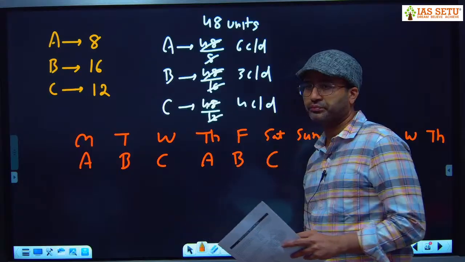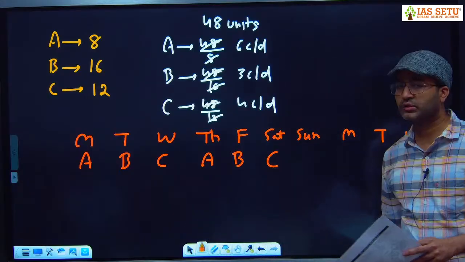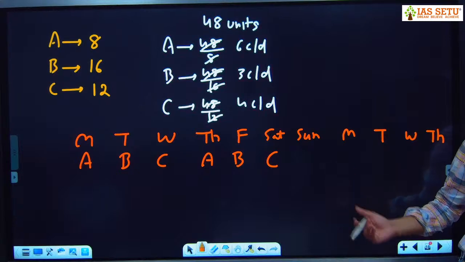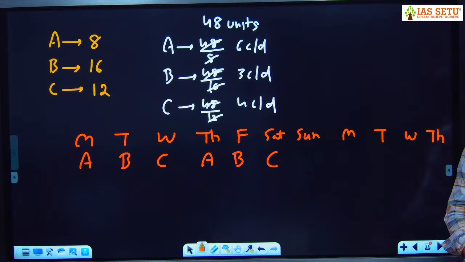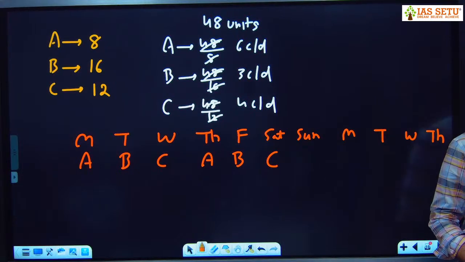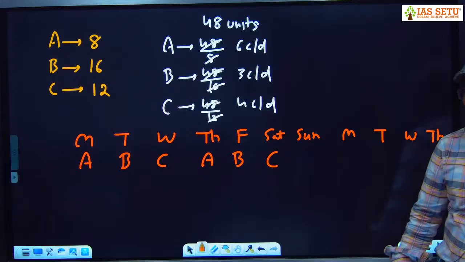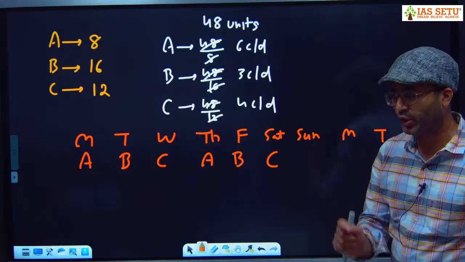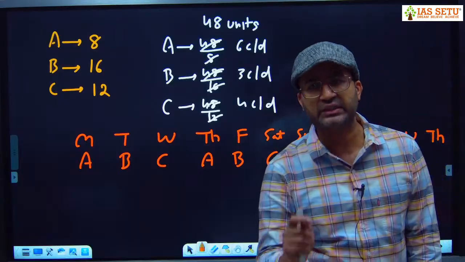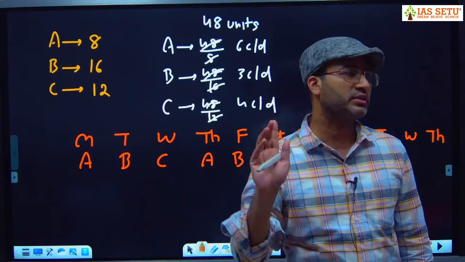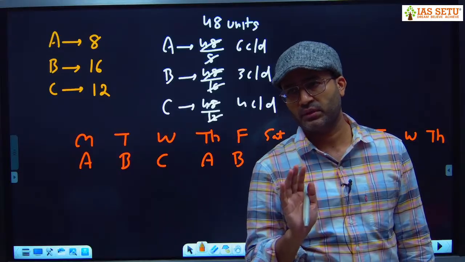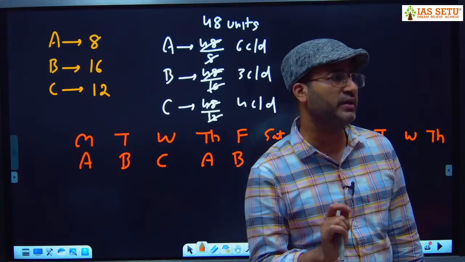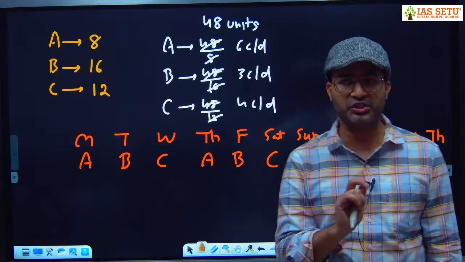When I discussed this question in the class, there was a confusion whether we have to take Sunday working or Sunday holiday. UPSC वालों को कोई छुट्टी नहीं होती है, including 2nd October. Until unless in question it is clearly mentioned Sunday is holiday, you have to take Sunday is a working day. क्वेश्चन में अगर नहीं मेंशन है तो संडे को वर्किंग डे मान के चलेंगे.